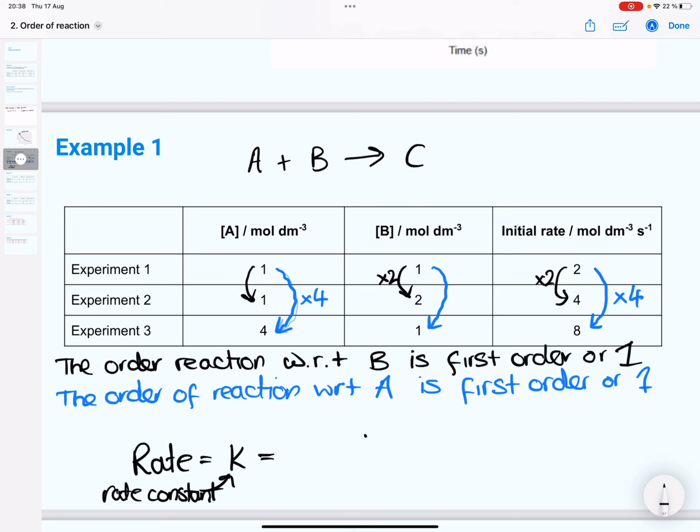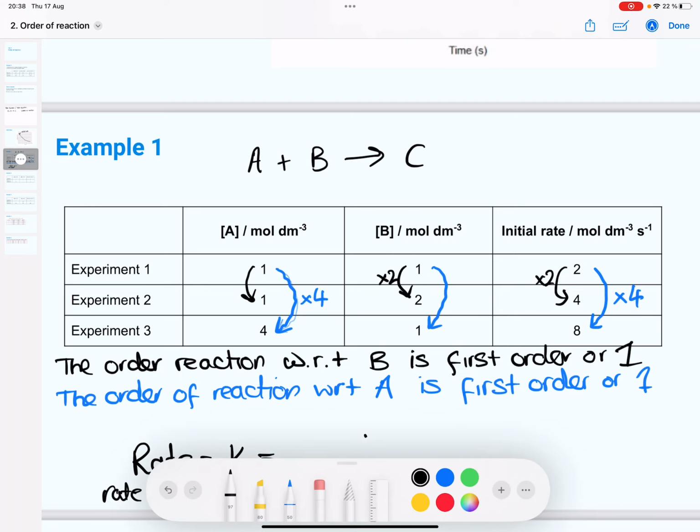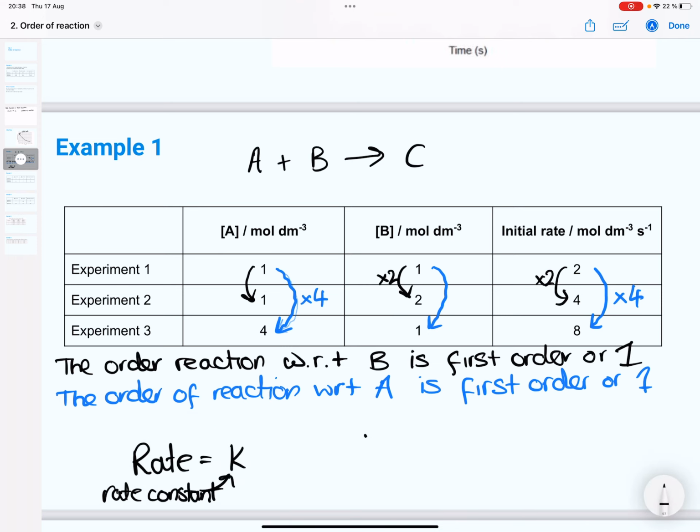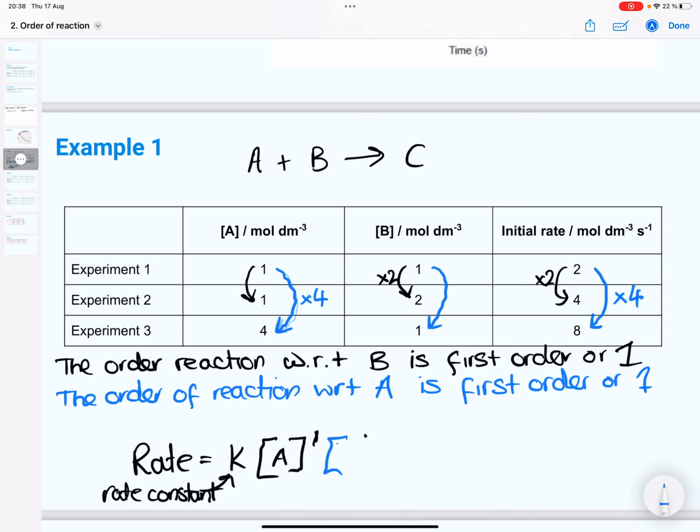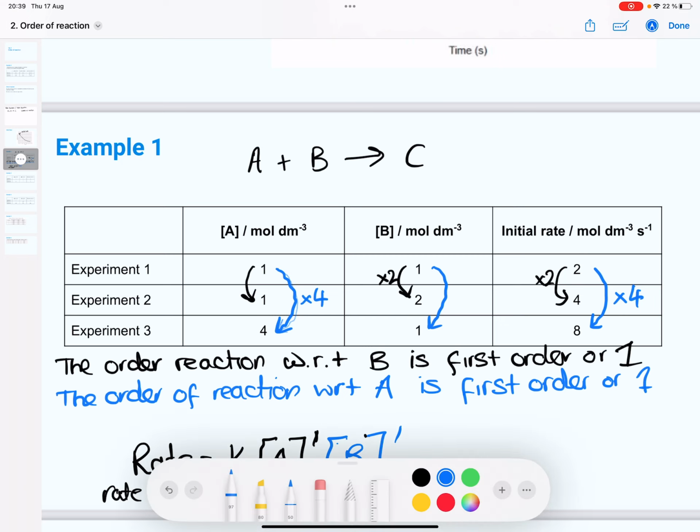It equals K multiplied by the concentration of A, where square brackets mean concentration. I'm going to put 1 for first order, times the concentration of B, 1 for first order. And that would be our rate expression, our rate equation, determined experimentally.